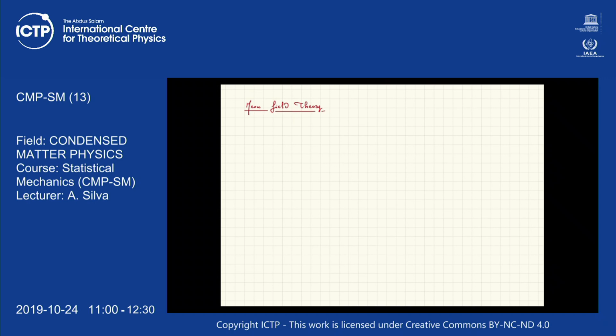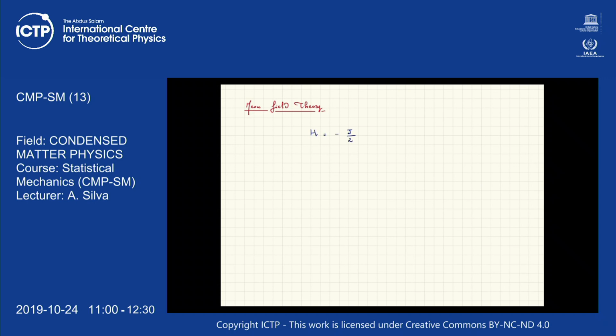Now, mean field theory is based on the following idea. I will explain mean field theory using the Ising model as an example, but it can be applied to the Potts model, to anything you want, even to models with continuous statistical variables.